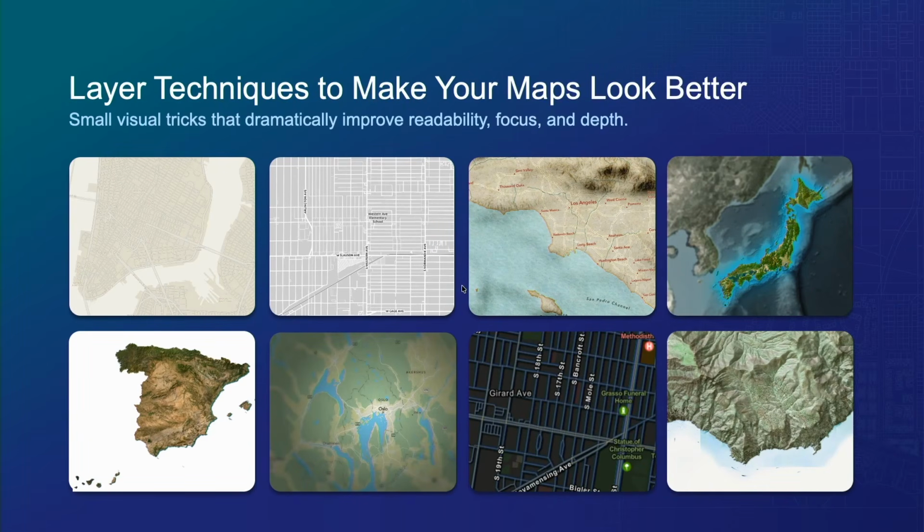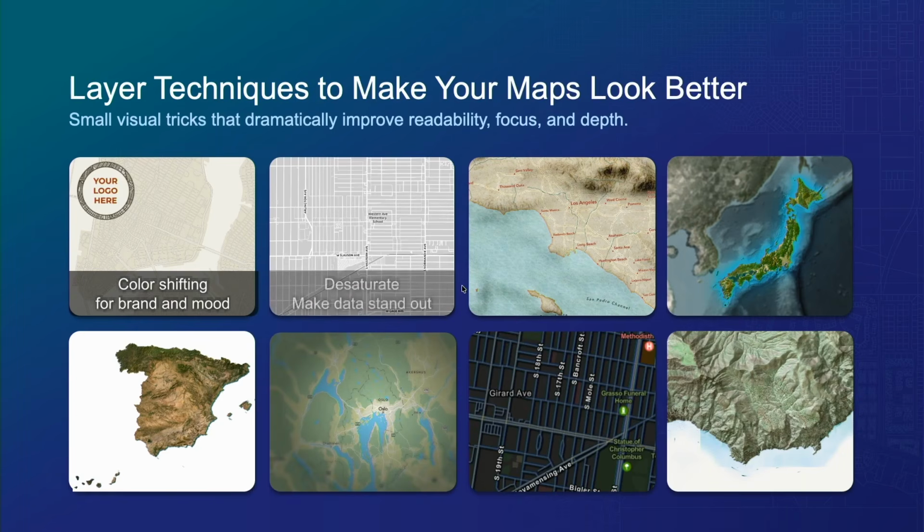So we're going to see a few techniques to apply to our base maps to make them shine. The first thing is the easy one to do, this color shift. For example, we changed it into a monochrome style or applied desaturation and a hue effect. We're going to see a little bit of that to give the base map a different mood, a different tone, and match your brand colors.